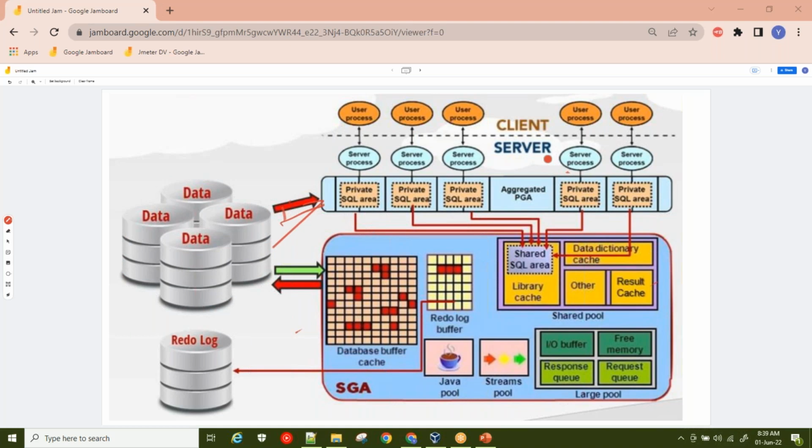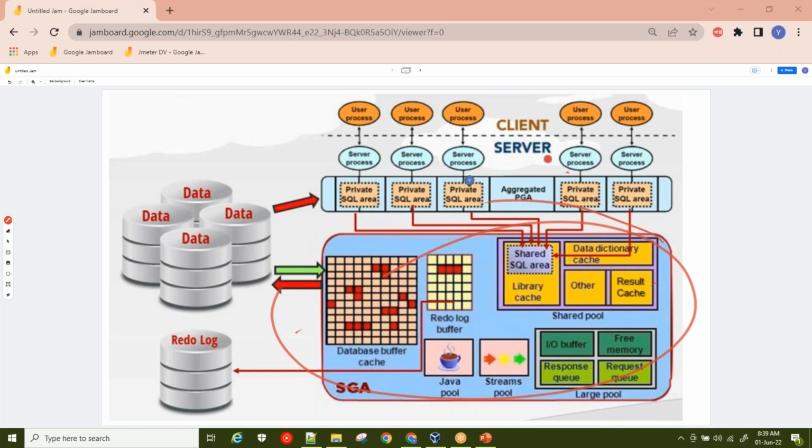If there is some query where Oracle feels it doesn't need to go through all the SGA, because no processing is required, it will directly pick the data from the storage. So that's about the database buffer cache.